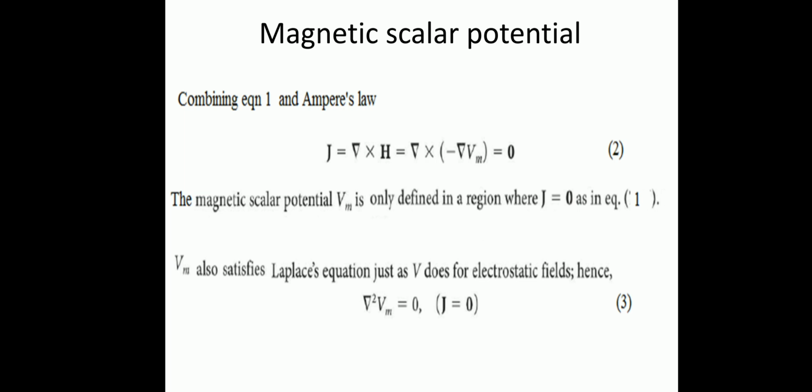Similarly, the magnetic scalar potential satisfies the Laplace equation, del square Vm equal to 0, in a region where J equal to 0.